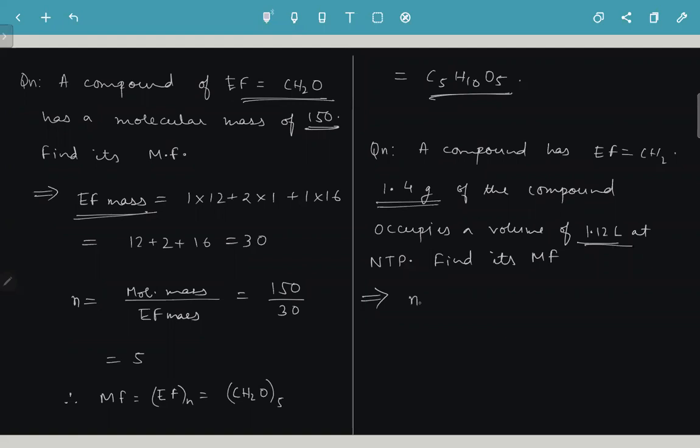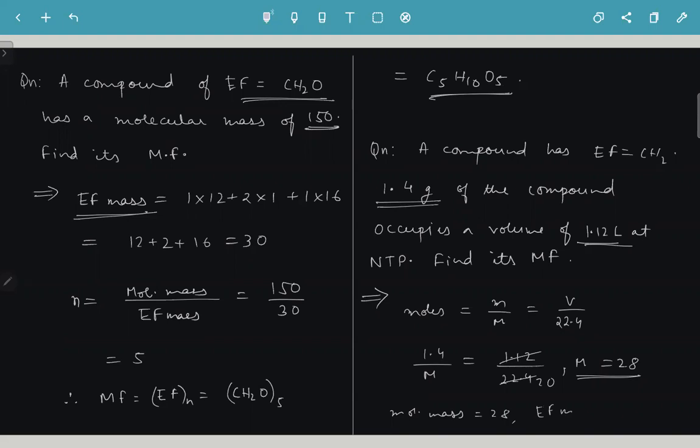So you can say that number of moles is equal to mass upon molar mass or volume upon 22.4. Mass is 1.4, molar mass M, volume is 1.12 upon 22.4. On solving, M comes out to be 28. So molecular mass is equal to 28.